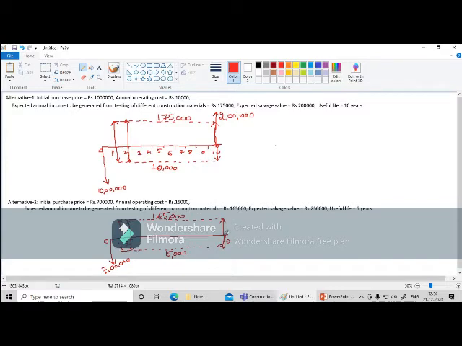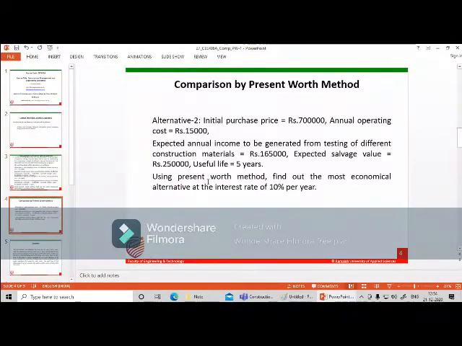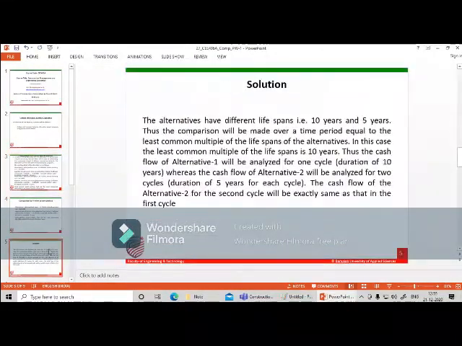And the salvage value at the end of useful life, the salvage value here is 2,50,000. Correct?